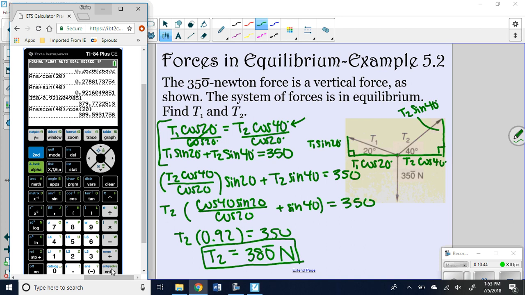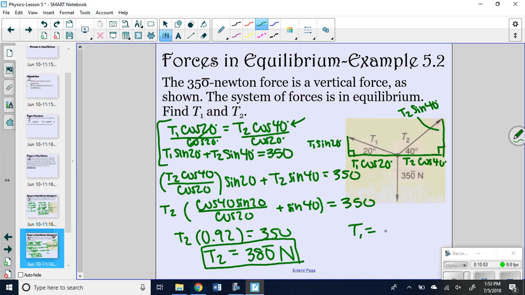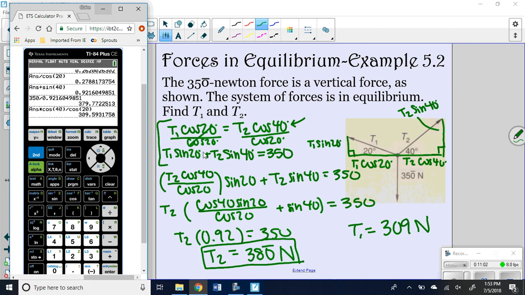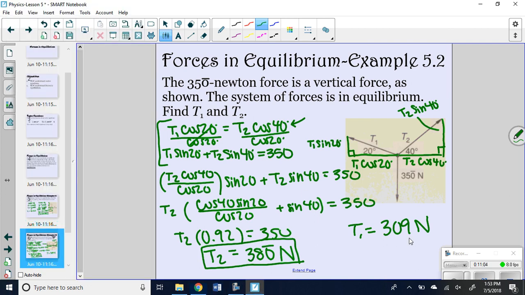And you should get 309.5, which if you do sig figs, that'll just be 309. Wait, did I round that correctly? No, not 309. 310. And then with a bar over it, newtons. And so that would be your answer.